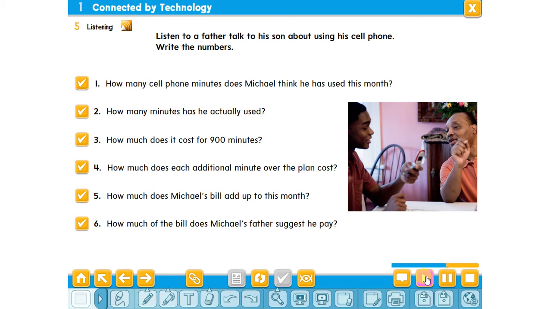You're 17 years old. You need to start contributing some money towards the cell phone bill. How much? Since there are 3 people in the family, I think you should pay a third of the bill. And if you use more minutes than we have in our plan, you'll have to pay the extra charges. Okay. I guess that's fair.